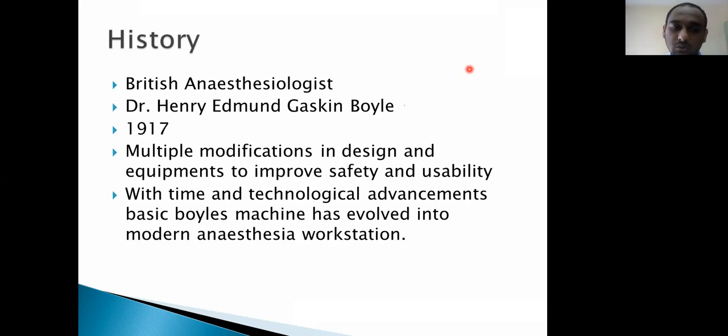In doing so, the Boyle's machine that was originally described in 1917 has now evolved into what we call the anesthesia workstation, because now it is no longer just a machine to deliver gases. It is a machine which can deliver gases, which can ventilate the patient, which can help us monitor each and every parameter, and hence improve the safety of the patient considerably.